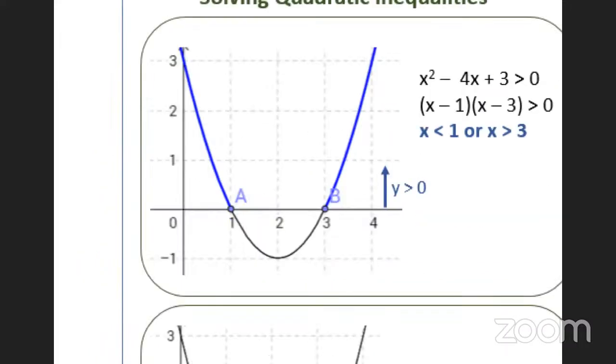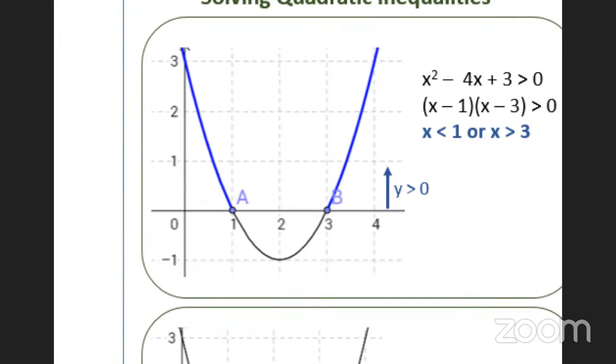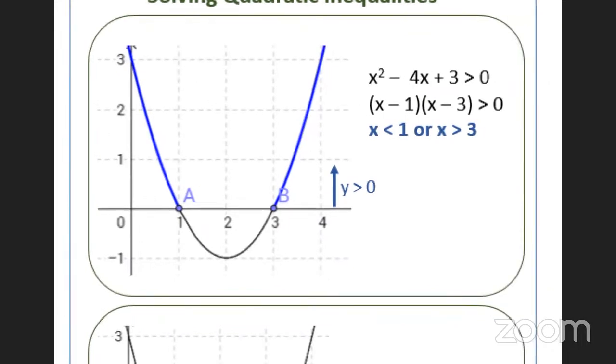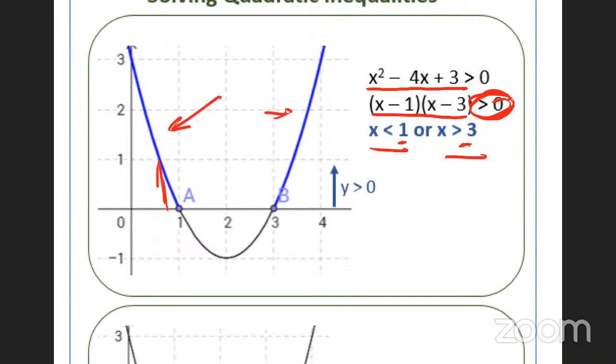And we'll show you how to draw it here. If I give you a quadratic, you solve it and you get your critical values. If it's more than 0, it's less than the smallest, bigger than the largest. And you have to give them the little shaded regions. So you're shading outside here.